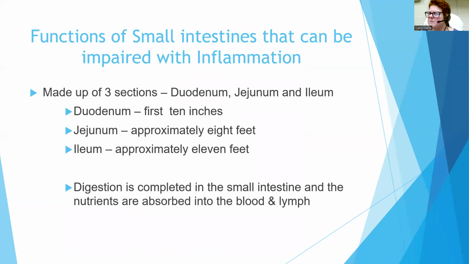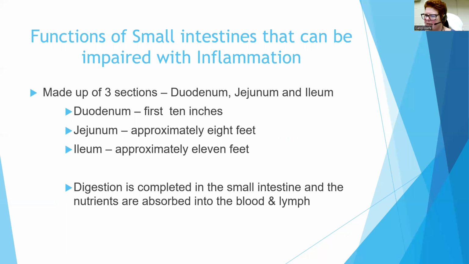So the functions of the small intestines can be impaired with inflammation. The small intestines are made up of 3 sections: the duodenum, the jejunum, and the ileum. The duodenum is the first 10 inches, the jejunum is approximately 8 feet, and the ileum is approximately 11 feet. Digestion is completed in the small intestines, and the nutrients are absorbed into the blood and lymph systems.